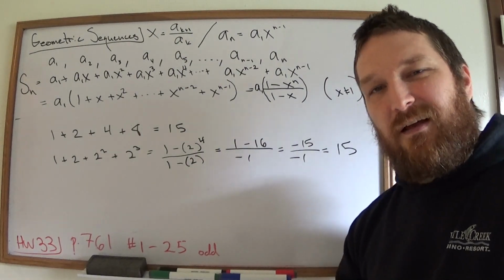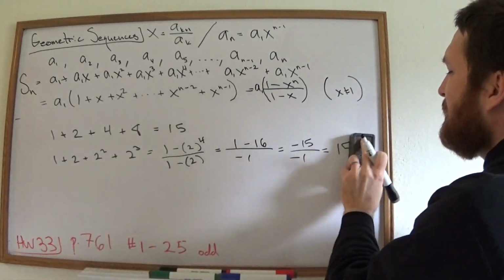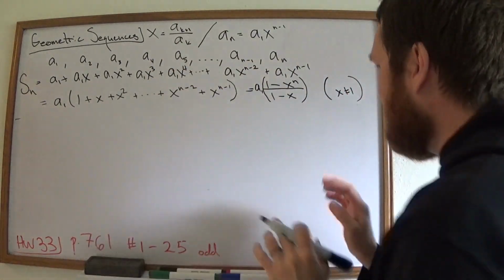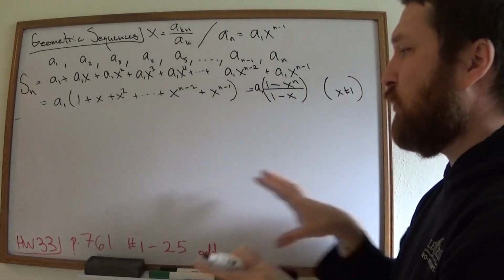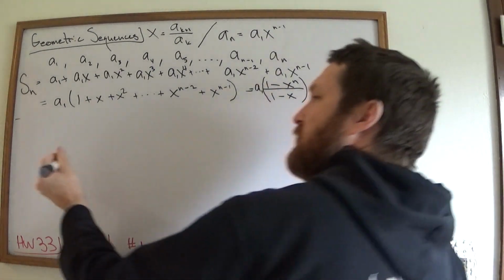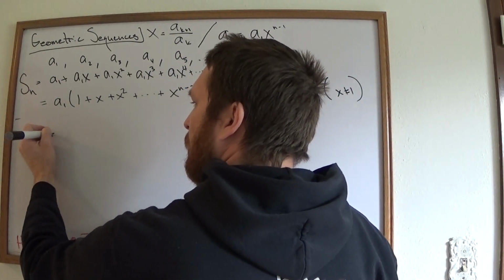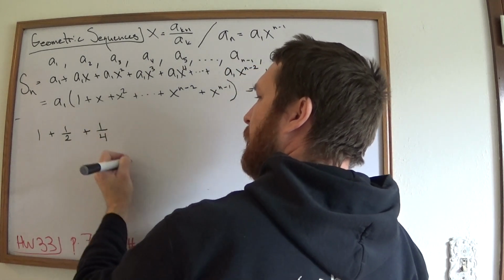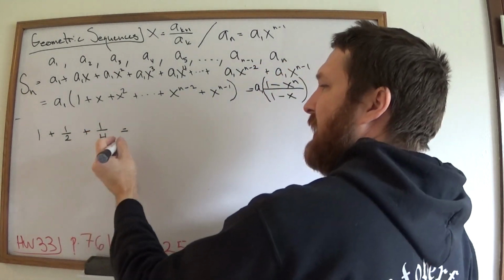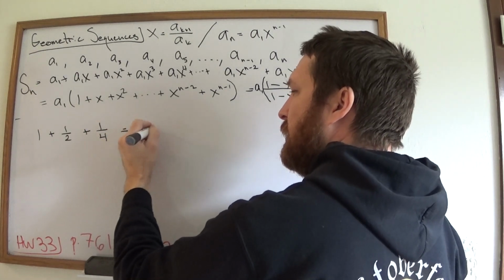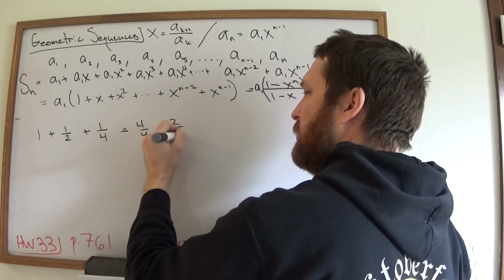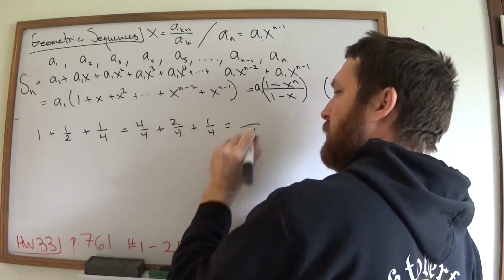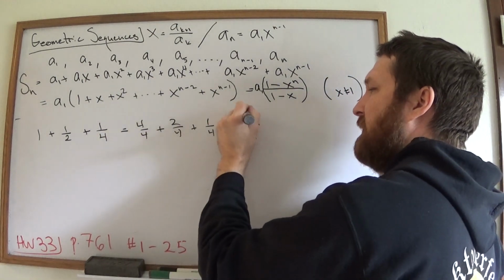That's interesting. Let's do one more, because it doesn't just work. As long as x is not equal to 1, this should work. So let's do something like this. How about 1 plus a half plus a quarter? Now what is that? That's 4/4 plus 2/4 plus 1/4. So that's some number of quarters, and it's 4, 5, 6, 7. 7 quarters.